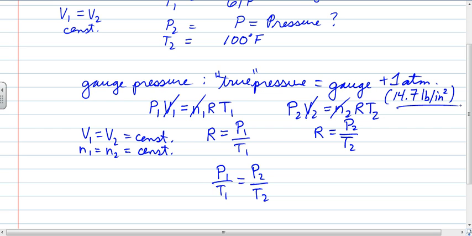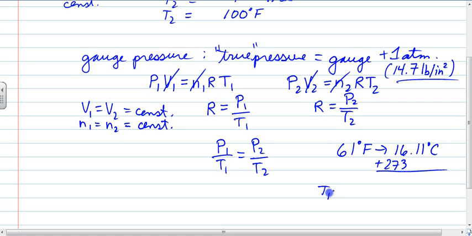Temperature, on the other hand, we're going to have to convert. So the first temperature, T1, or 61 degrees Fahrenheit, first of all we have to convert that into Celsius, and that's about 16.11 Celsius. And when we add 273 to that to convert to Kelvin, we get that T1 is actually about 289.3 Kelvin.